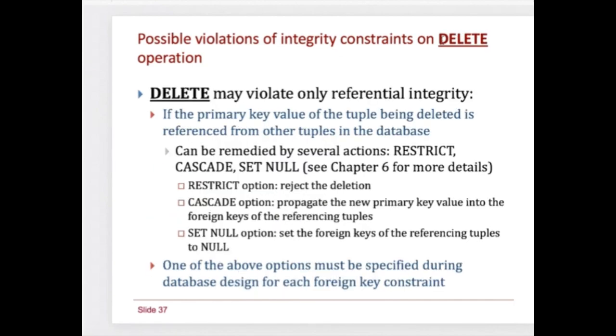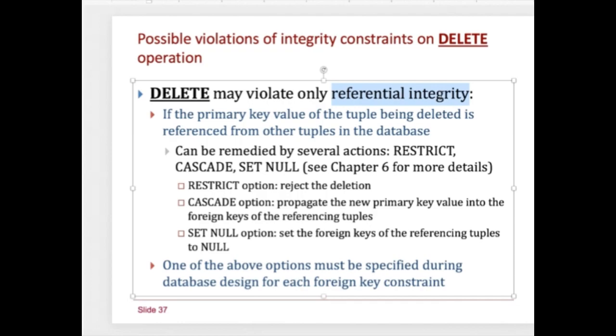The second type of violation you can have is in delete operations. When you are deleting some records, there can be some violations. What are those violations? First of all, it can be referential integrity.